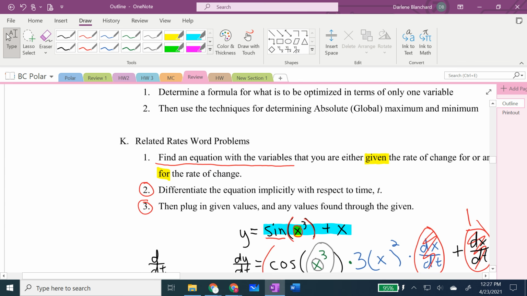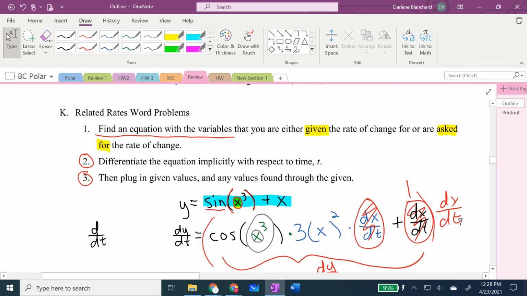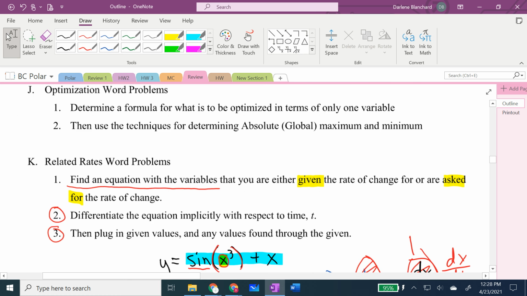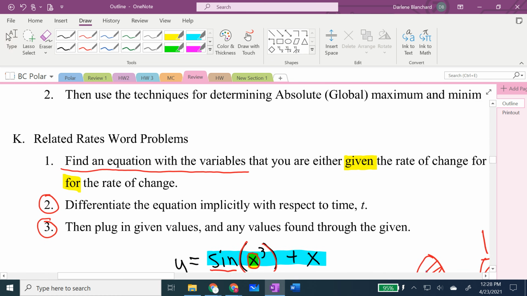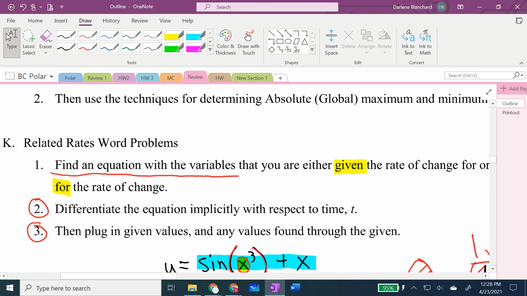Related rates. If you're dealing with related rates, you are dealing with something that is asking you to find a rate of change with respect to time. You need to understand that they will have given you one or more rates with respect to time.